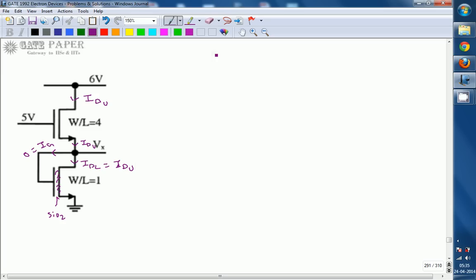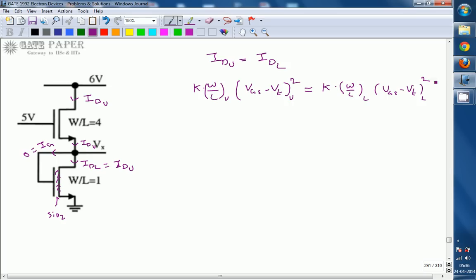So the current flowing through the upper transistor is the current flowing through the lower transistor, and both transistors are in saturation, so we can write the saturation equation: K into W by L of the upper transistor into (VGS minus VT of the upper transistor) whole square. Next, it is K into W by L of the lower transistor into (VGS minus VT of the lower transistor) square.